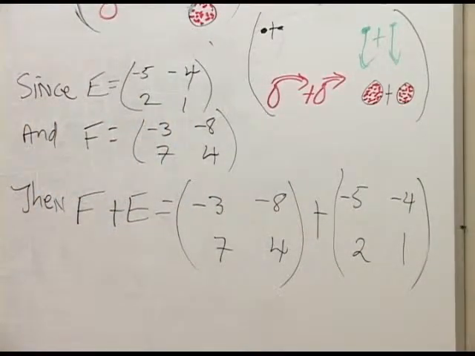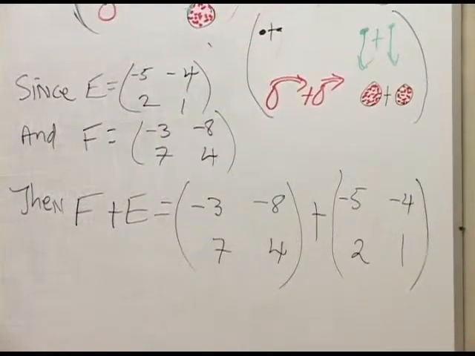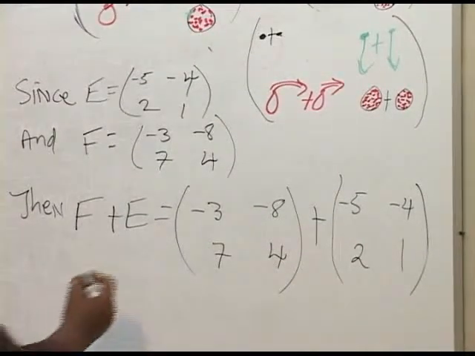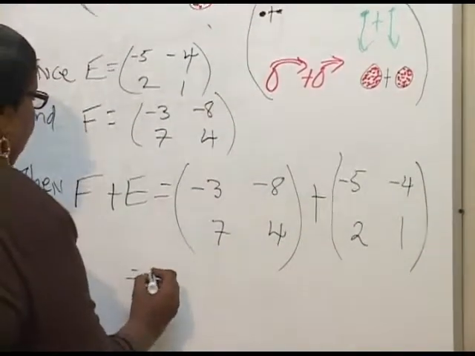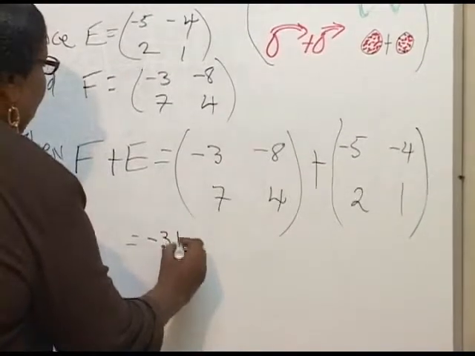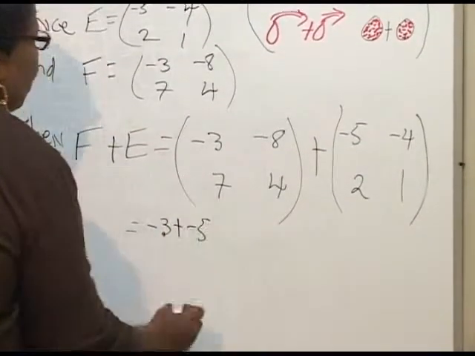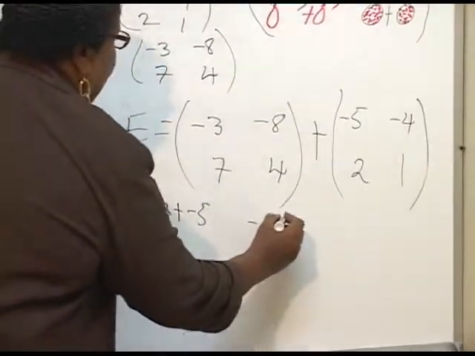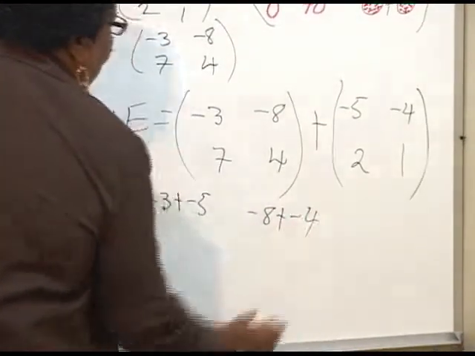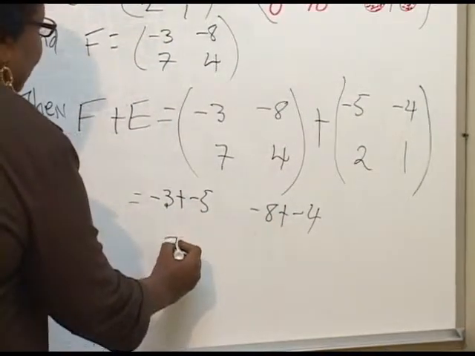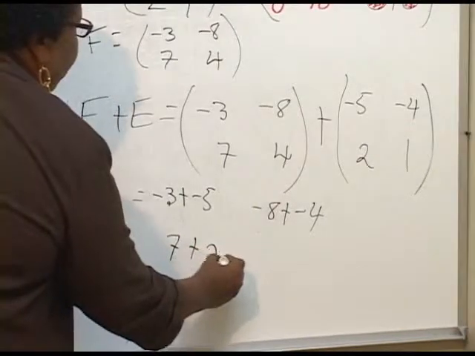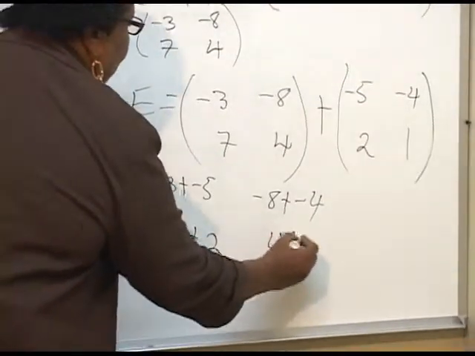The things in the same positions are added together. So it's now equal to -3 plus -5, -8 plus -4, 7 plus 2, 4 plus 1.